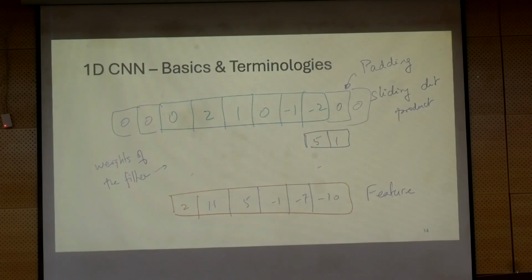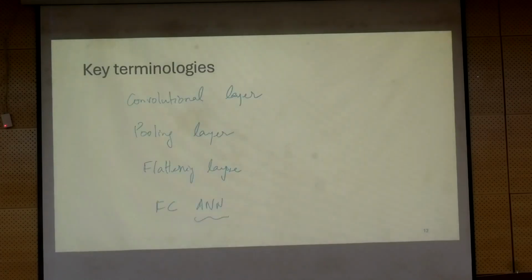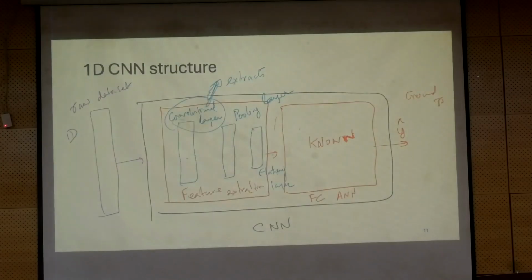So let me go back a few slides. Now that I have introduced some terminologies, what we are trying to do in a CNN is, after we have calculated the loss function, optimize the loss by adjusting the weights of the fully connected ANN plus the weights of the filters in the convolutional layer.